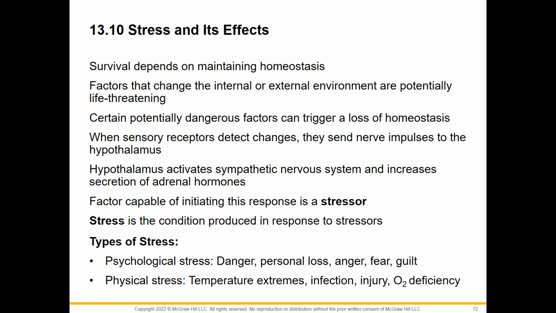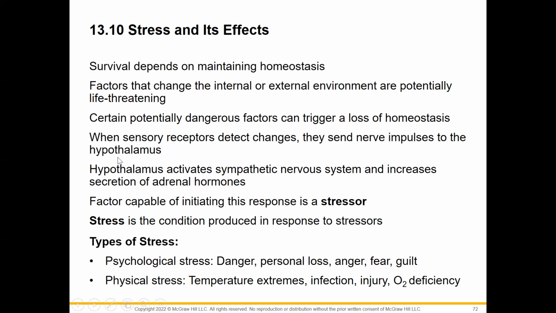We already said that you have to maintain homeostasis in order to survive, but remember that everything is always in flux. So, when the sensory receptors detect certain changes from the internal and external environments, those receptors will send impulses to the hypothalamus in the brain.